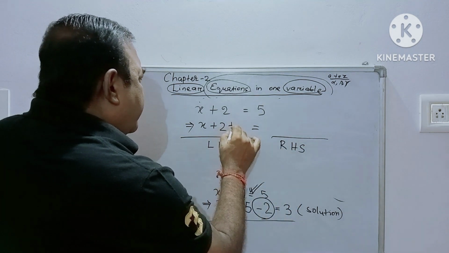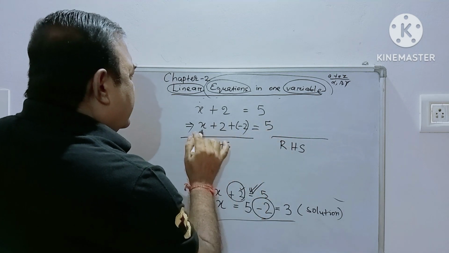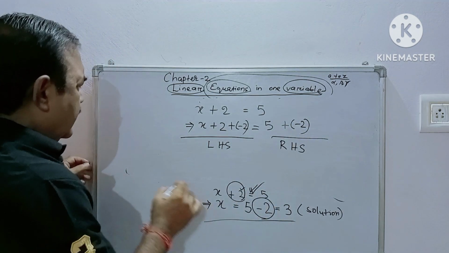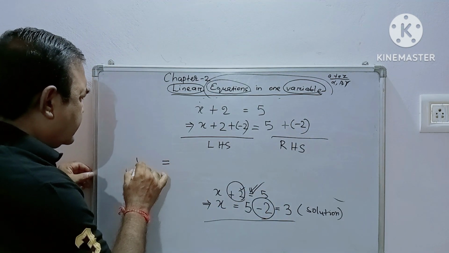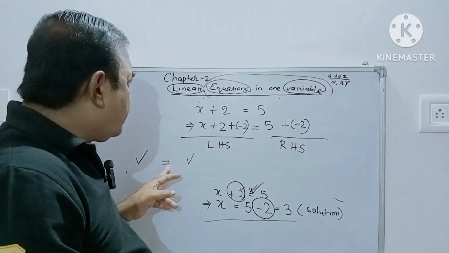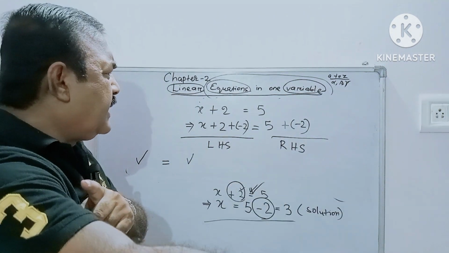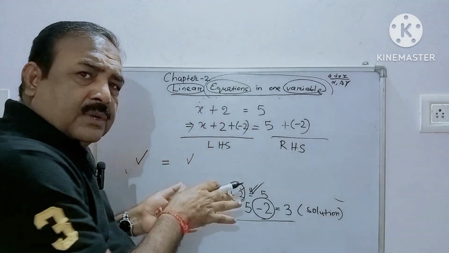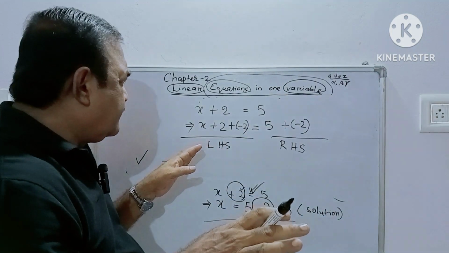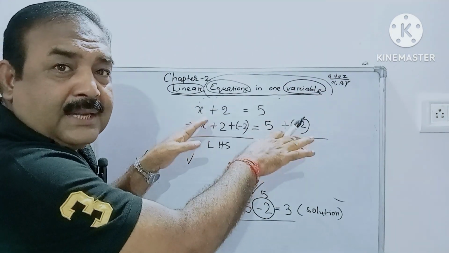If I add minus 2 here, then I will have to add minus 2 on the right side too, because this equality sign means both sides are balanced. What I do on the left side, I have to do the same operation on the right hand side. No damage, the equation is balanced. Balance should never fail.